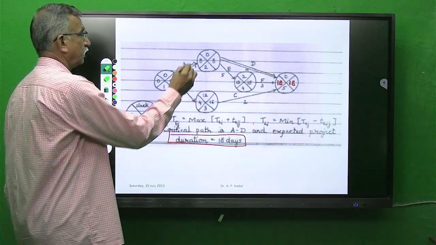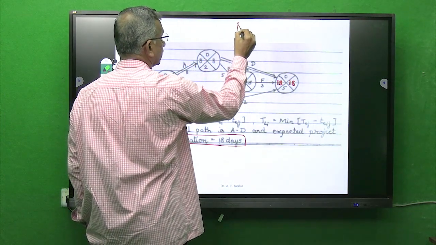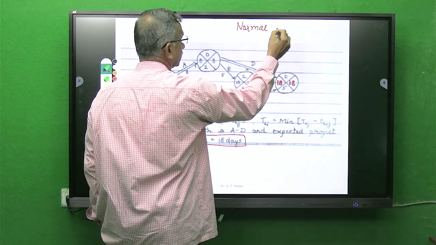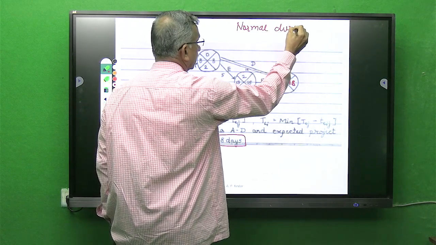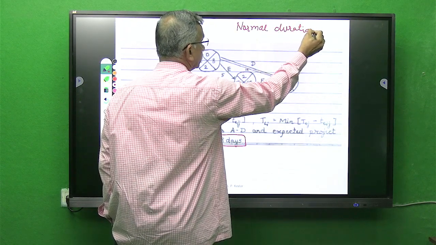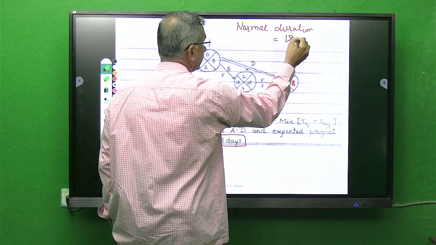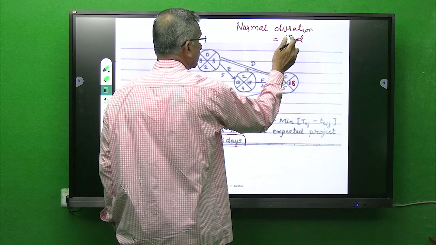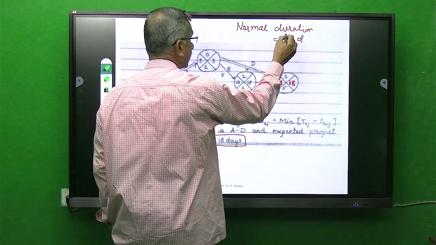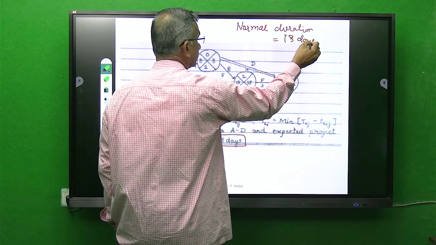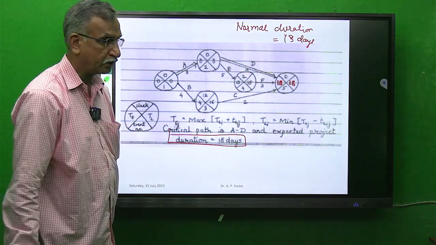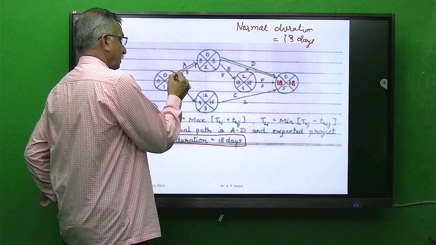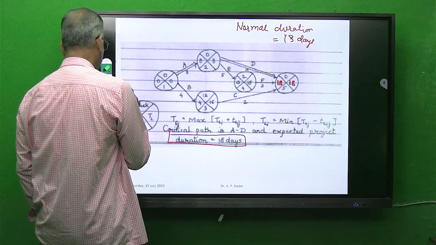Normally, if we want to complete this project as per normal duration, this project will consume 18 days. This we have seen, how to draw the critical path and all that.